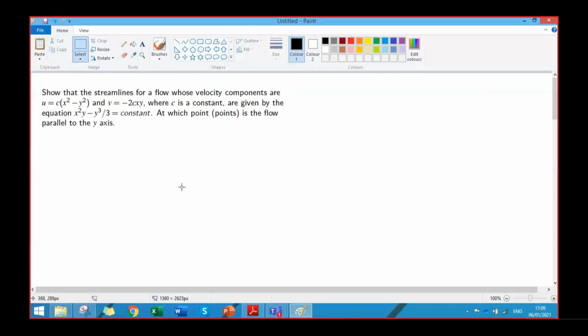Show that the streamlines for a flow whose velocity components are u equals c(x square minus y square) and v equals minus 2cxy, where c is a constant, are given by the equation x square y minus y cube by 3 equals constant. You are given the velocity components and you are required to calculate the equation for the streamlines.